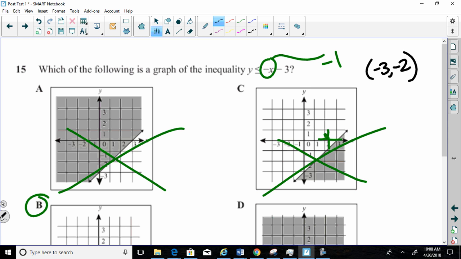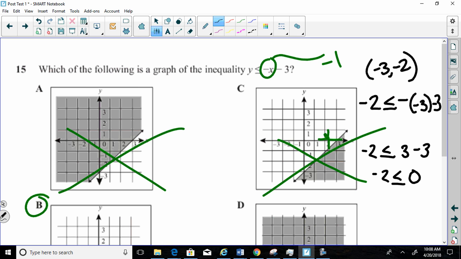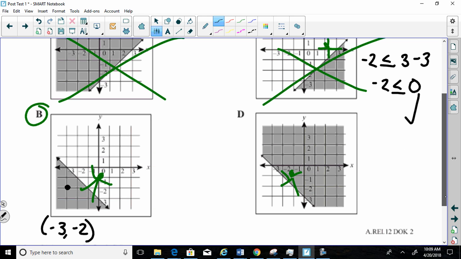So what's y in this point? -2 is less than or equal to, what's my x? -3. Negative 2 is less than or equal to, what's the opposite of negative 3? 3 minus 3. What's 3 minus 3? 0. Is 0 greater than or equal to negative 2? Yes. So we know that that point is a solution.